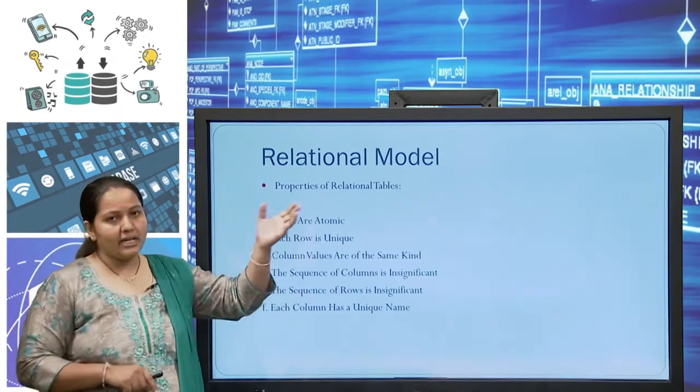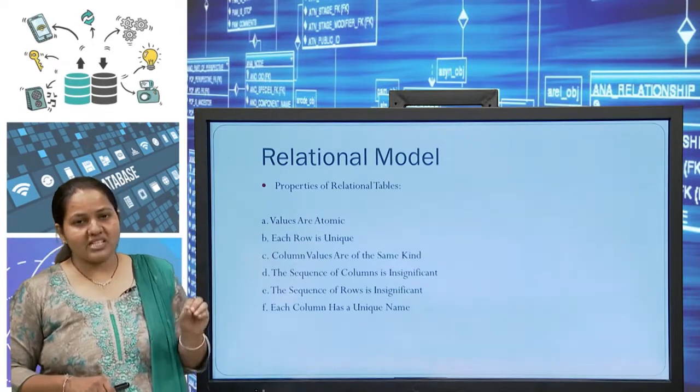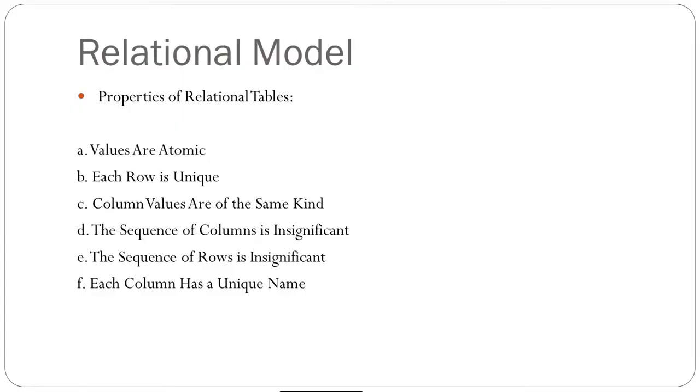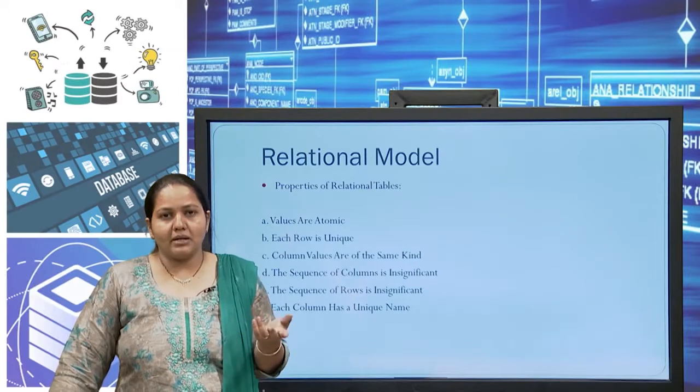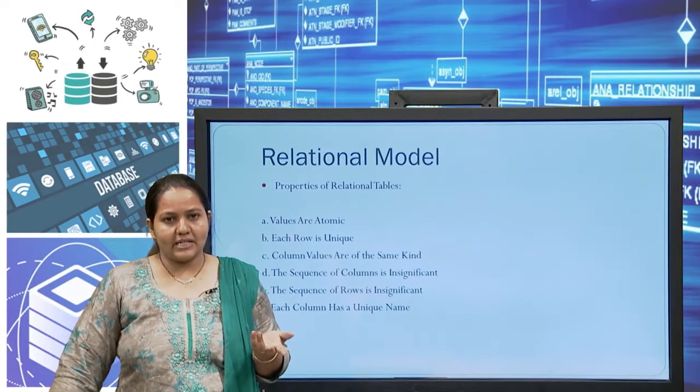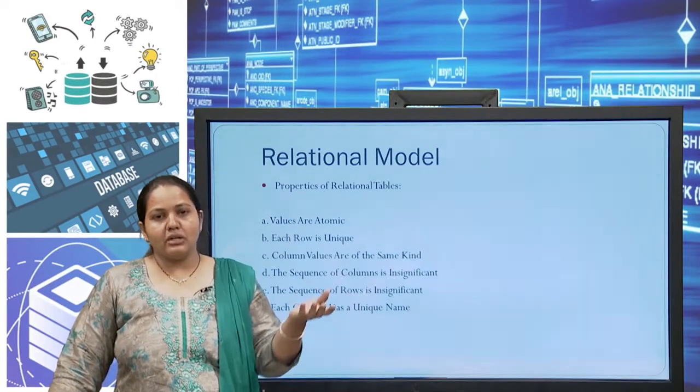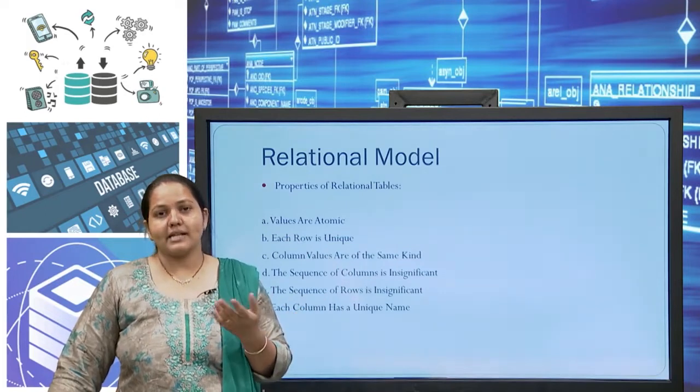Whenever you are defining the relation, each row must be unique. Why is this required? Because if we have the same record twice, that becomes redundancy or duplication. So, how can we get the actual information? Only this way, and that is accurate.